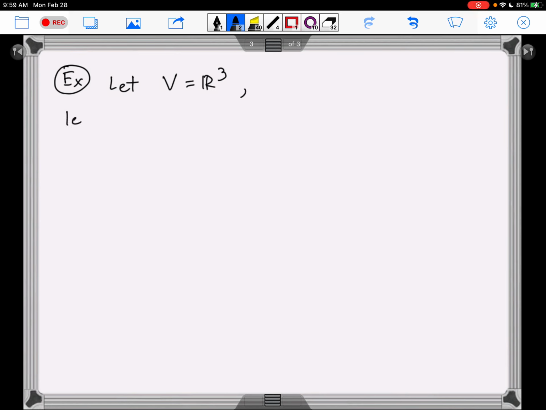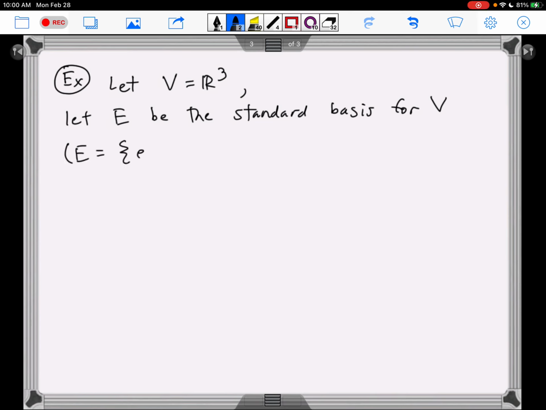Well, let's let E be the standard basis for V. What does that mean, the standard basis? Remember, this means that E is equal to E1, E2, E3. Another word for those, remember, is I, J, K, right? That's the standard basis for E.